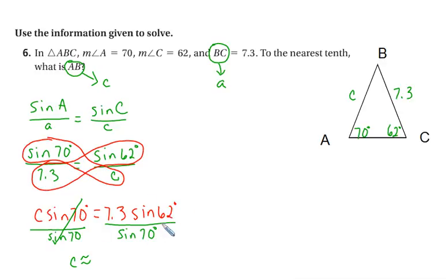So you need to check your calculator now and make sure you get what I get. If you put in 7.3 sine of 62 divided by sine of 70, you should get 6.9. While you're checking on your calculator, let me write it neater.